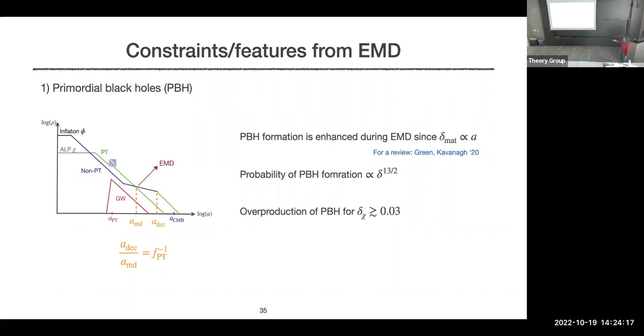You're right, the perturbations are large in the PT sector, but that's acting like radiation. But when things become subhorizon, the perturbations from the chi sector transfer to the perturbations in the matter sector, just because of gravity, which doesn't happen for super horizon modes. So you start with large fluctuations and they also grow.